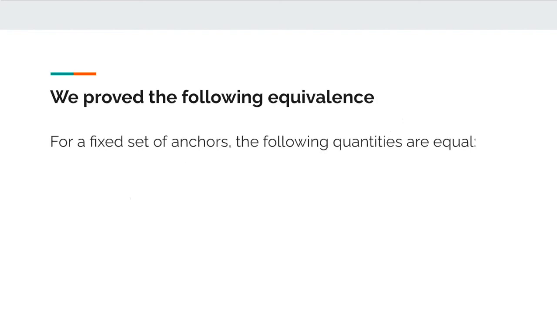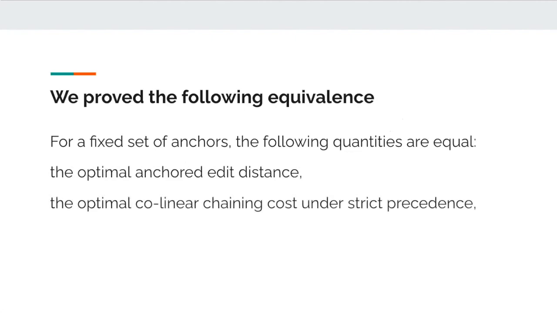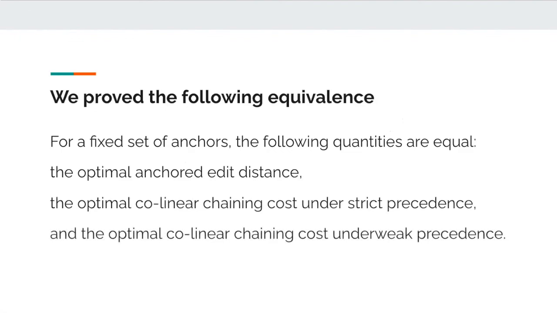For a fixed set of anchors, the following quantities are equal: the optimal anchored edit distance, the optimal collinear chaining cost under strong precedence, and the optimal collinear chaining cost under weak precedence. This makes the first direct theoretical connection that we're aware of between collinear chaining and edit distance.